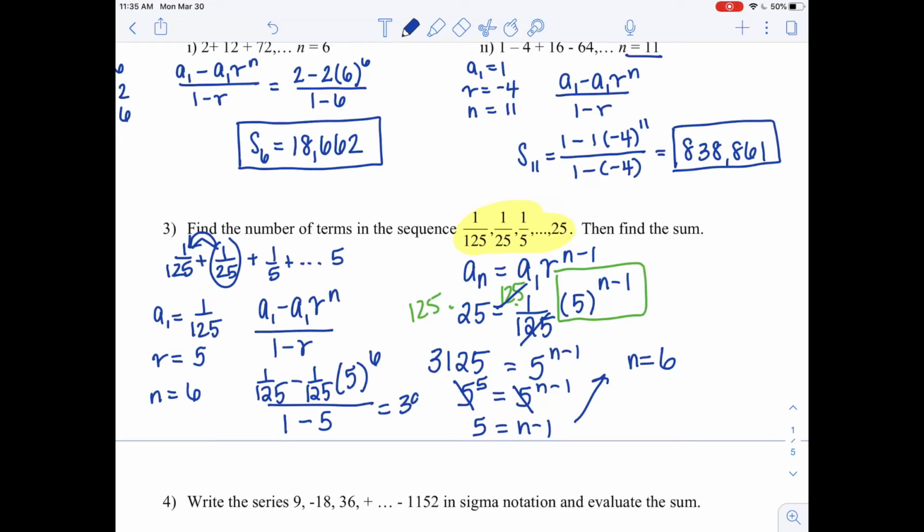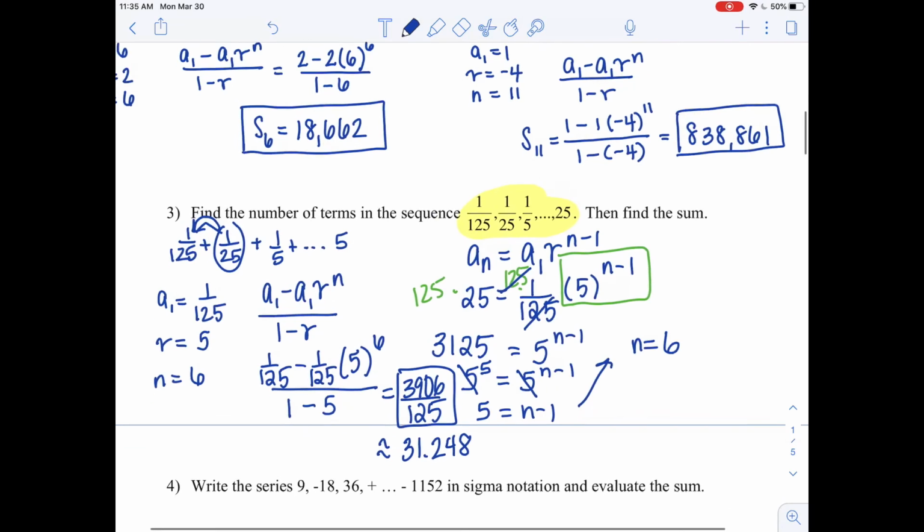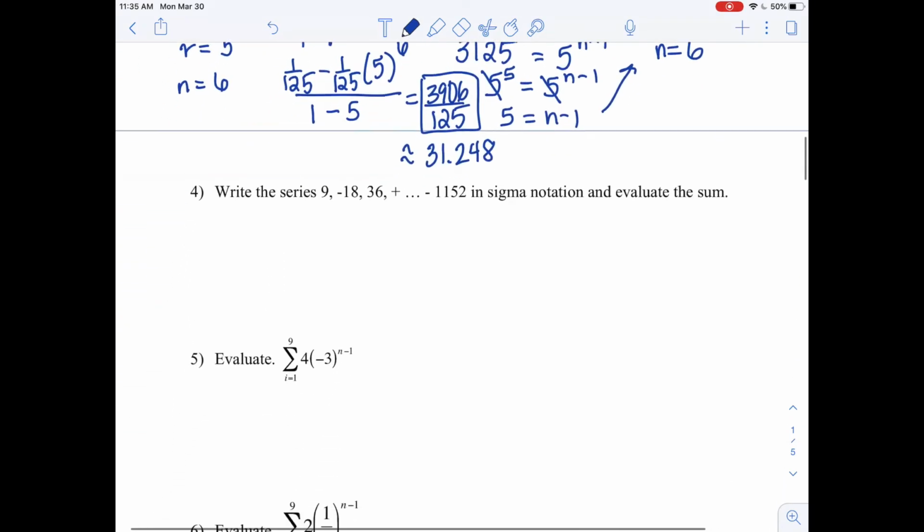Okay, as you work that out, you'll see that that comes out to be a value of 3906 over 125 if you want it as an exact value, or if you want to approximate it, it's approximately 31.248. I do think that exact values are better than not having exact values, so I think you should probably leave it in that fractional form. And again, remember, you have a graphing calculator, which will do many of those things for you.